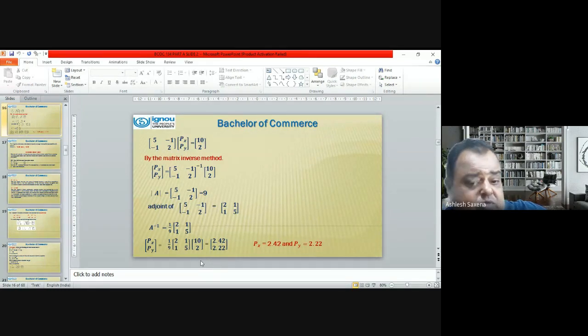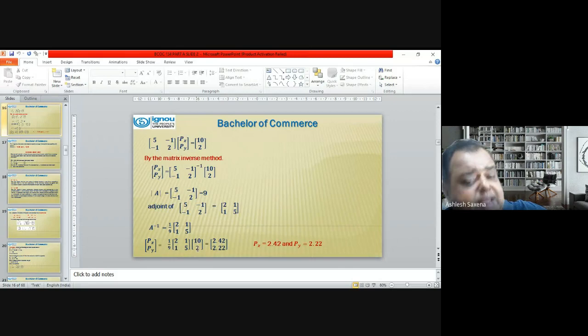What we are going to do? We are going to multiply this 2 into 10, 20, 20 plus 1 into 2 is 2. 20 plus 2 is 22 and 22 divided by 9 is 2.4. Similarly, we will be doing this 1 into 10 plus 5 into 2.